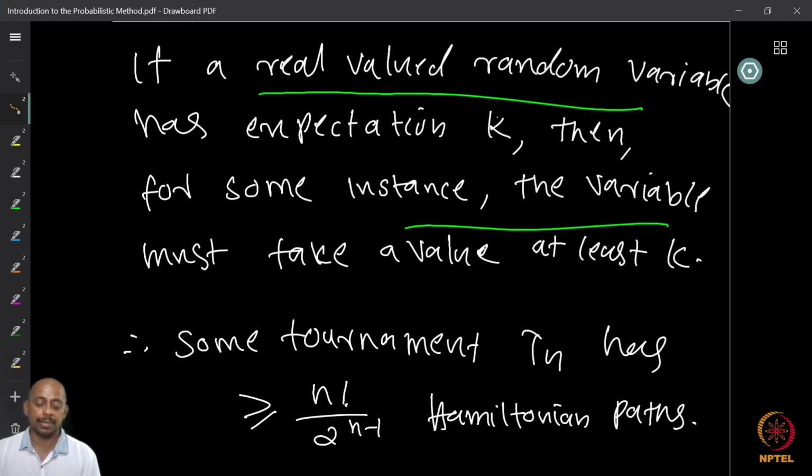Using this observation, that a real-valued random variable with expectation k must take a value at least k for some instance, the tournament has at least this many Hamiltonian paths. So we show that there is some tournament with this many Hamiltonian paths, but the method does not tell you how to find it. It shows that there is some tournament without ever telling you how to find it.